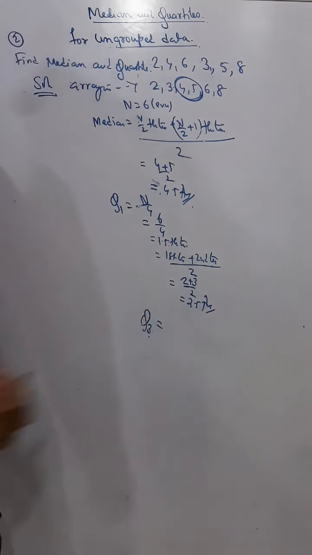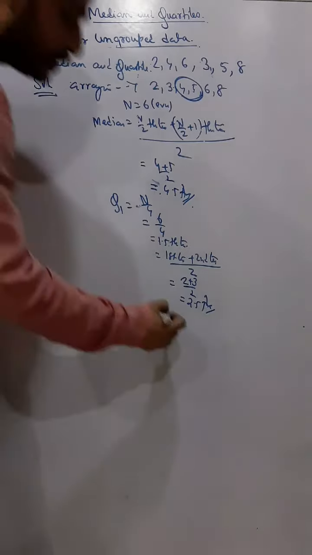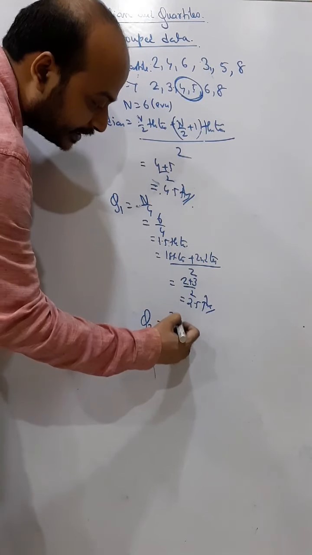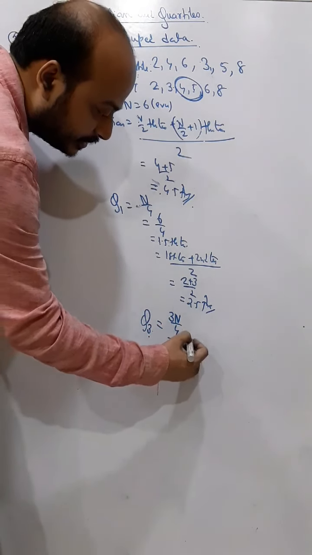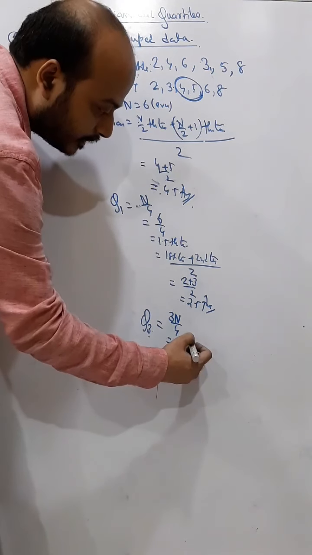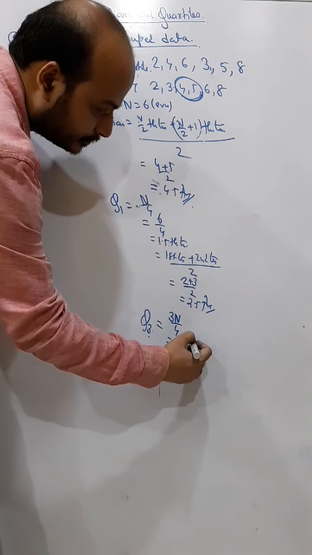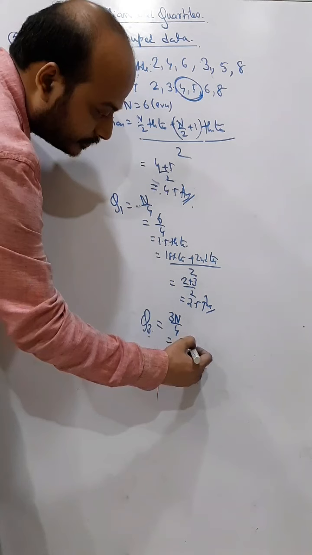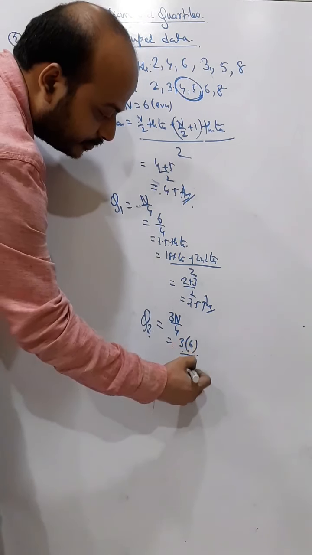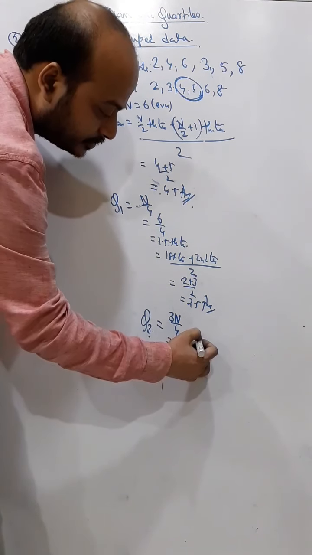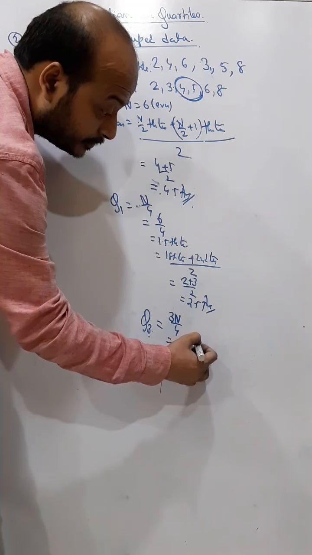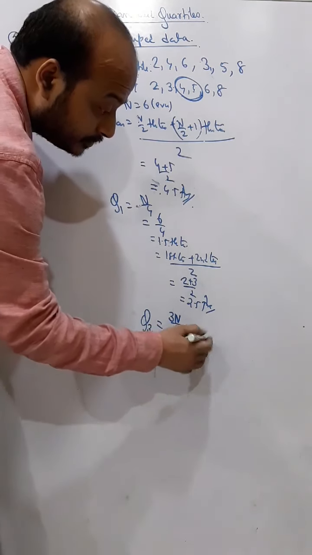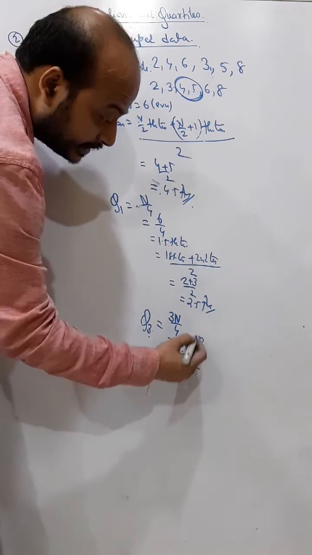Similarly Q3, that's the upper quartile. Upper quartile will be what? Directly 3n by 4. So I get 3 into n by 4. So again here also I get again 9 by 2.